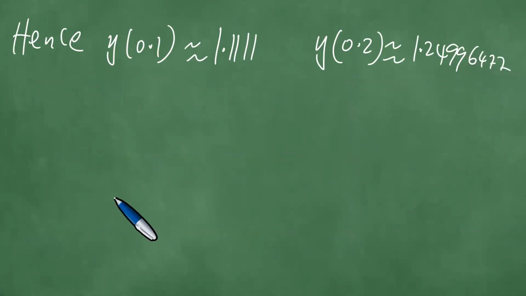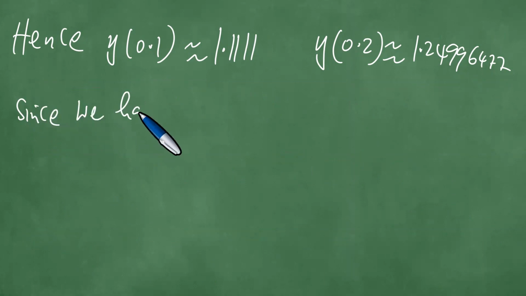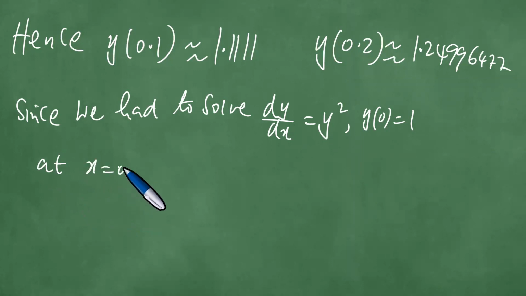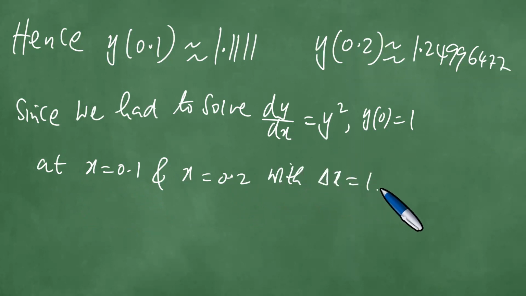Okay, these are the answers to the problem because they said that we're to solve, since we had to solve, I'm just being brief here, dy dx, which is y squared at y 0 equals 1, or yeah, at x 0.1 and x 0.2, goodness me, with delta x equals 1.